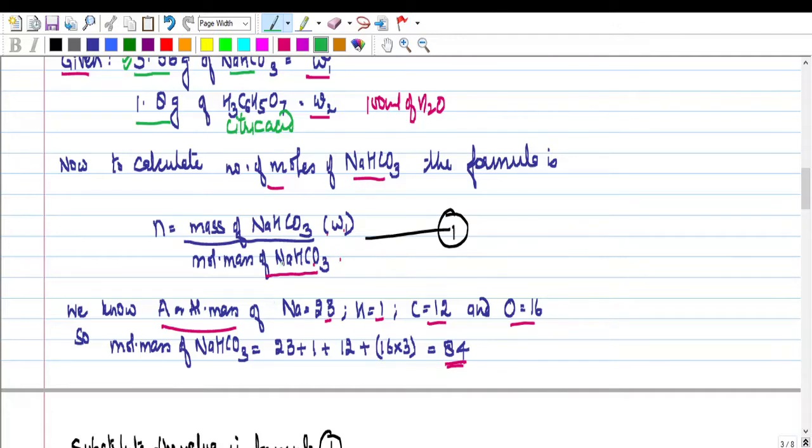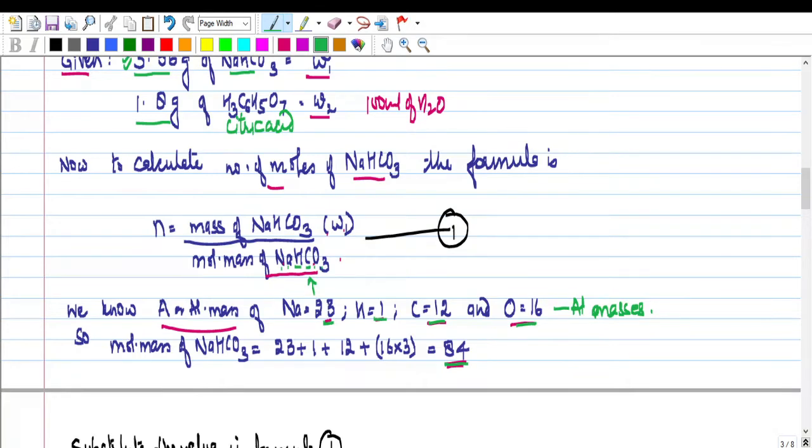Now to calculate NaHCO3, sodium is 23, hydrogen is 1, carbon is 12, oxygen is 16. So these are the atomic masses, the standard atomic masses. If you place the value in the formula, you will find out. So 23 plus 1 plus 12 plus 16 into 3, this will come out as 84.